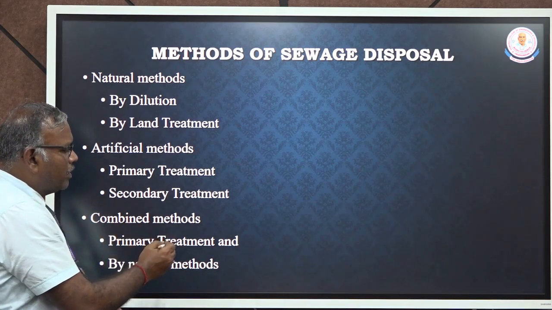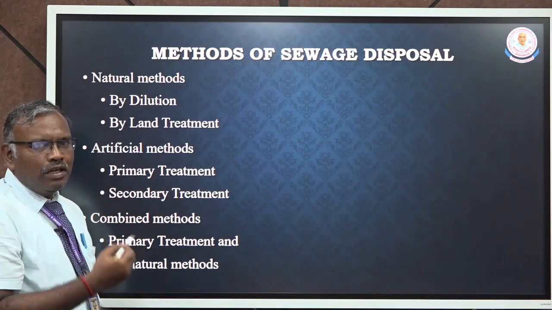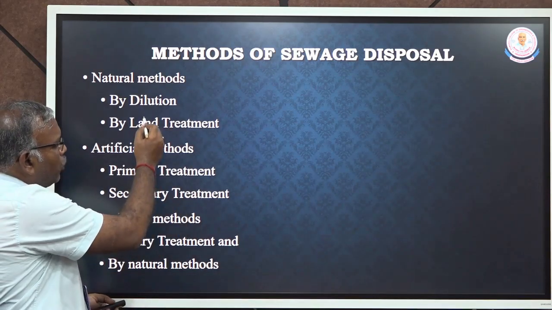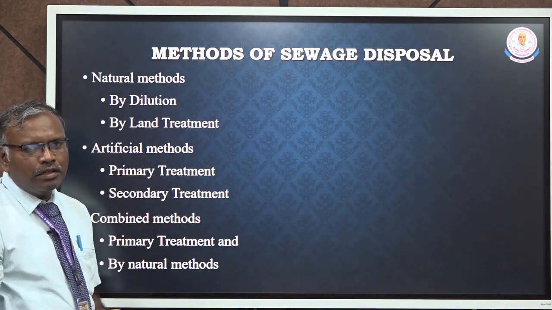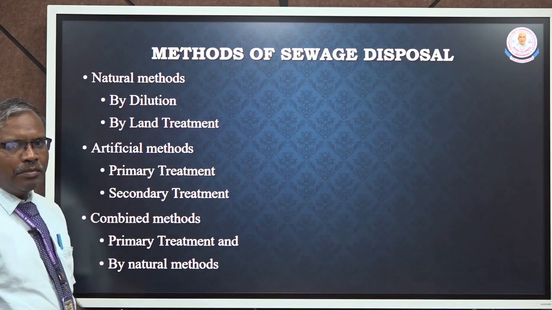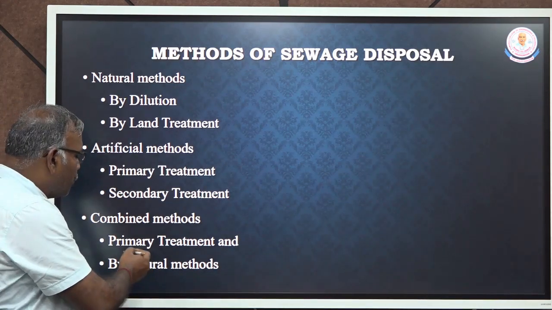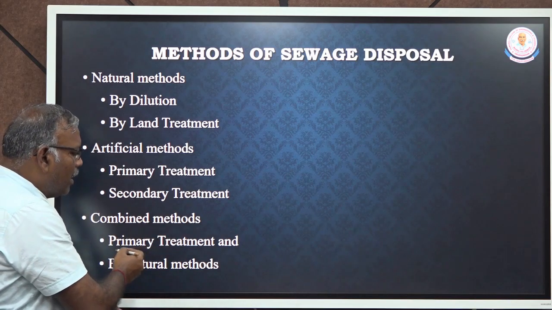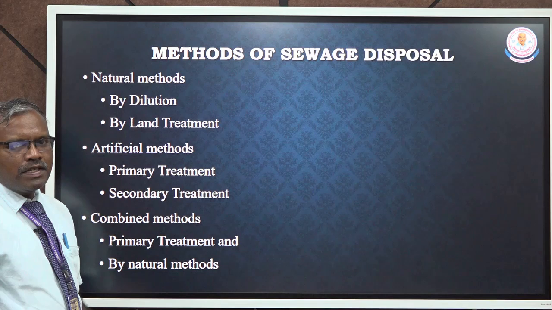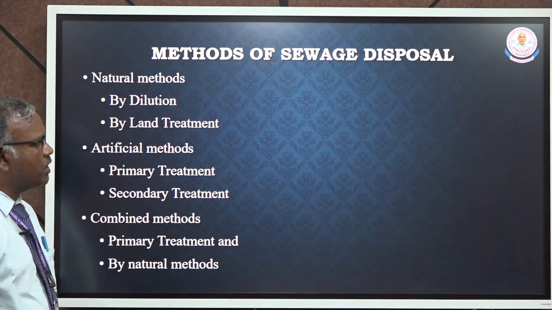The combined method: after the treatment process, the sewage can be disposed of either by dilution or by land treatment, so that the impact of the contaminants on the environment is minimized. After a primary treatment, a part of the contaminants can be removed. After that, by natural method we can dispose of the sewage.